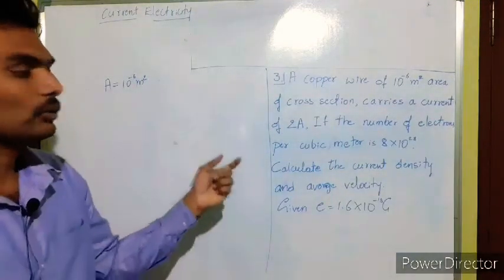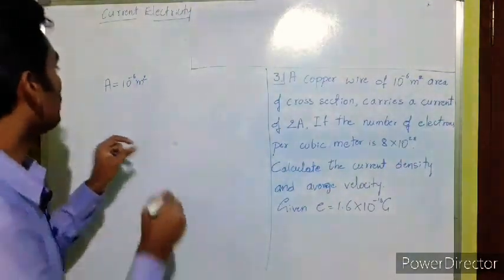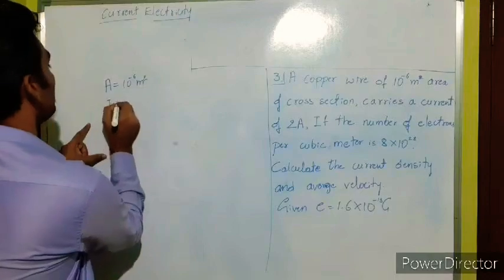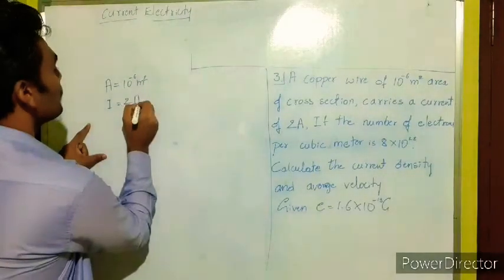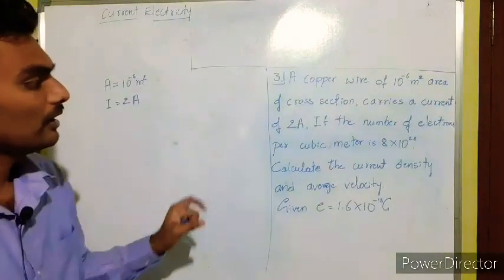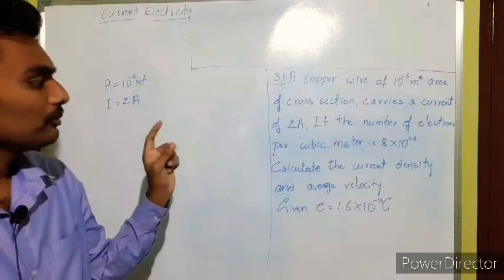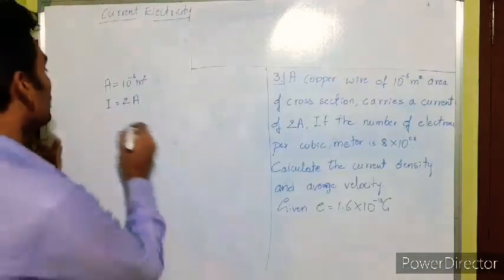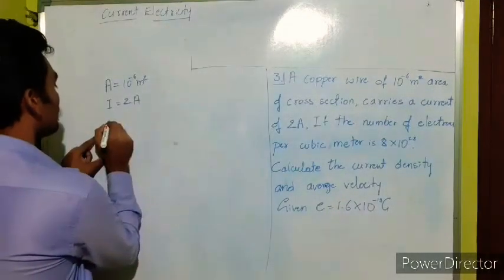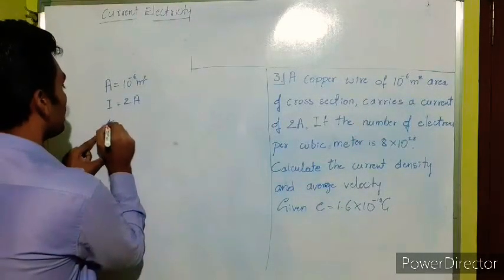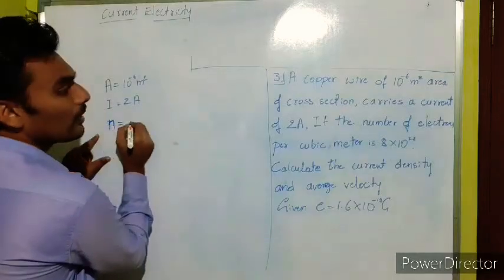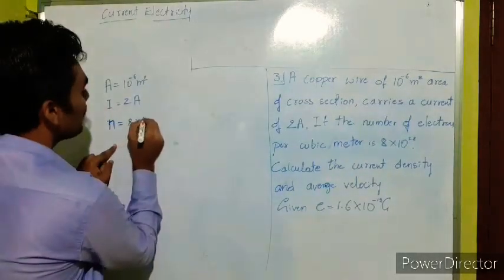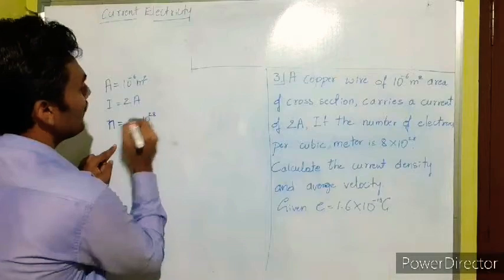Carries a current of 2 ampere. Current flowing through that copper wire is also given. I is equal to 2 ampere. Number of electrons per cubic meter has to be taken as small n, which is given by 8 into 10 to the power of 28.